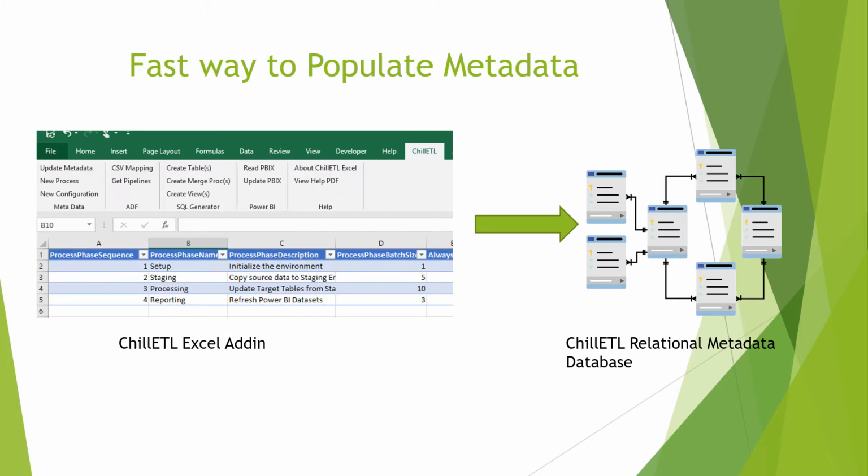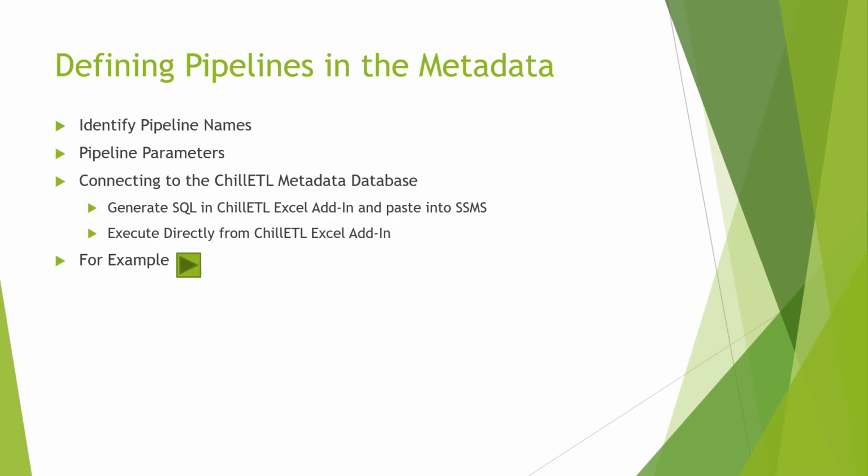What we've done is we've developed an add-in, we call it the ChillETL add-in, that interfaces between Excel and the ChillETL relational database. Let's see how this works. To use pipelines in ChillETL, we have to define them in the metadata base. This means identifying the pipeline name and its parameters. We do this in Excel data tables.